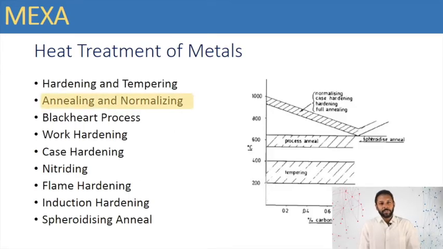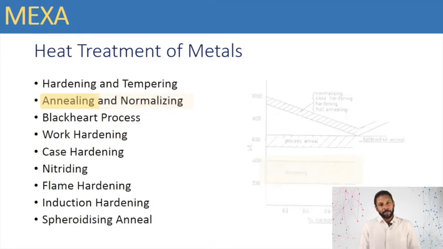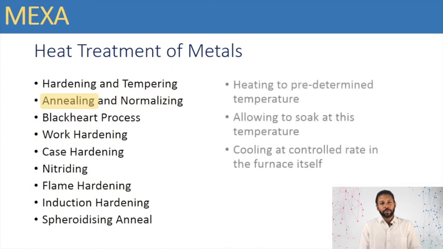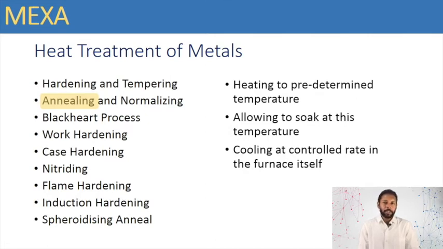Annealing and normalizing. This process consists of heating the material to a predetermined temperature, possibly allowing it to soak at that temperature, and then cooling it in the furnace at a controlled rate. For full annealing and normalizing, the temperature for carbon steels is usually 30 to 40 degrees centigrade above the upper critical temperature.